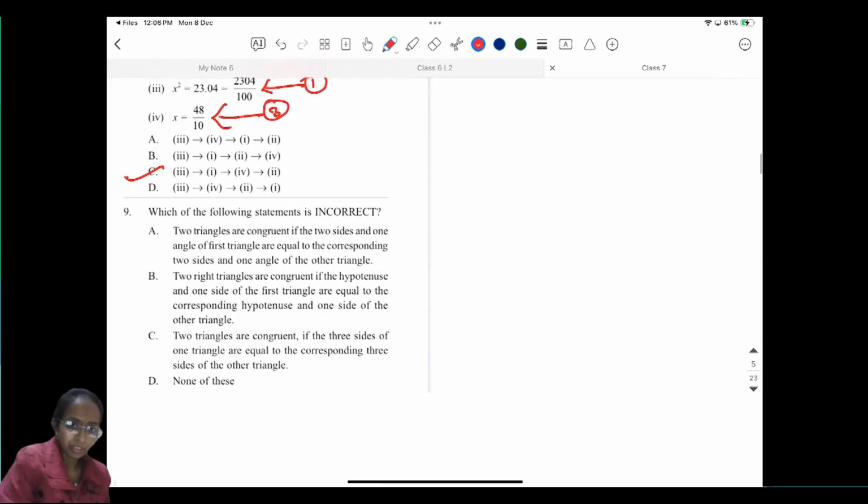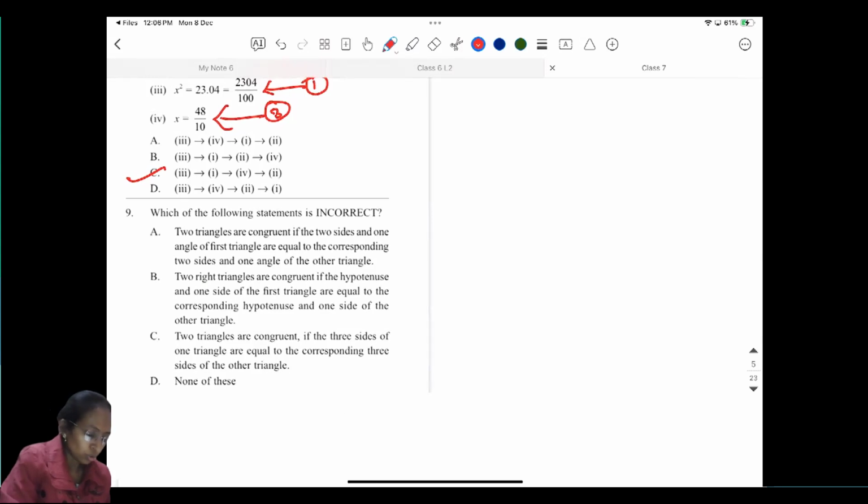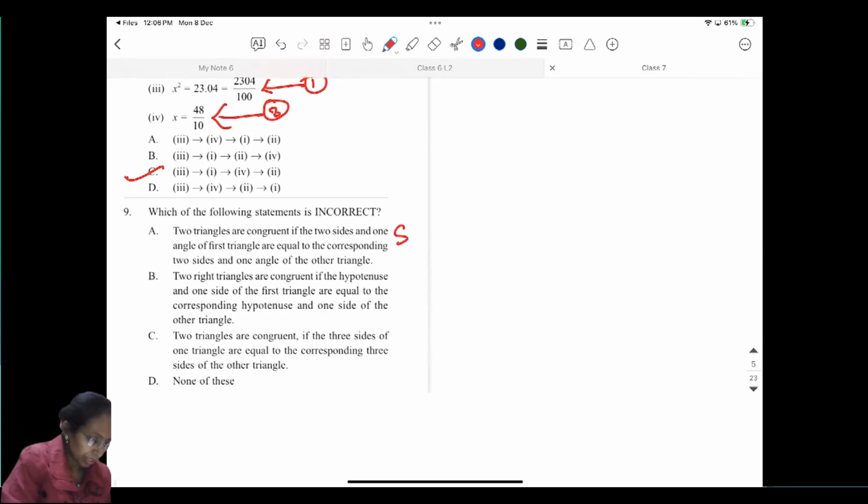Now the next one, which of the following statement is incorrect? Two triangles are congruent if the two sides and one angle of the first triangle are equal to the corresponding two sides and one angle of the other triangle. Two sides and one angle. It can be SSA also, and SSA is not a congruency criteria.